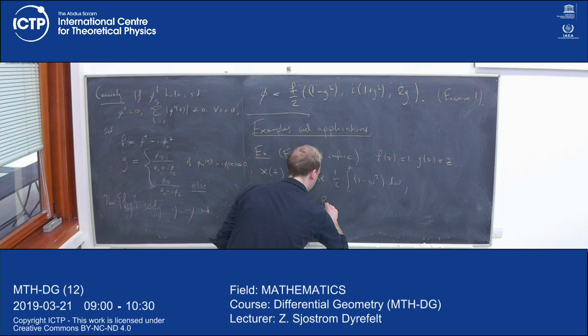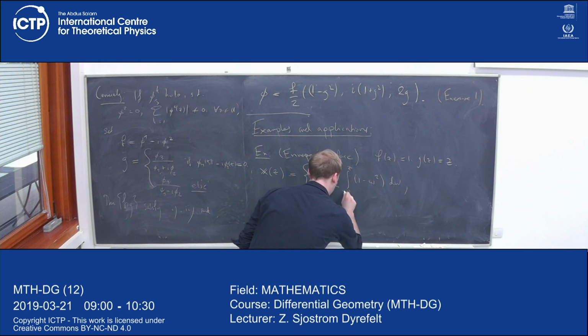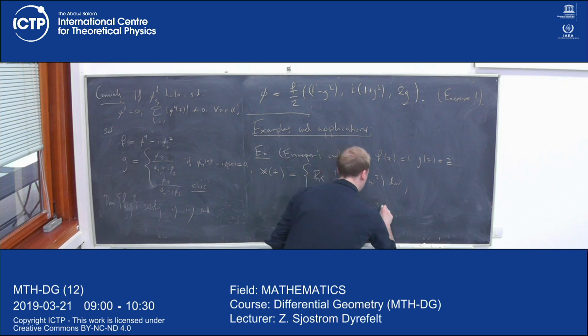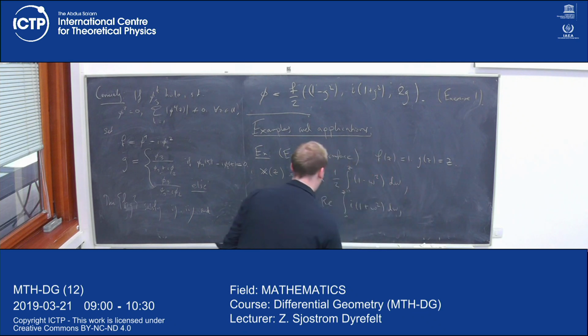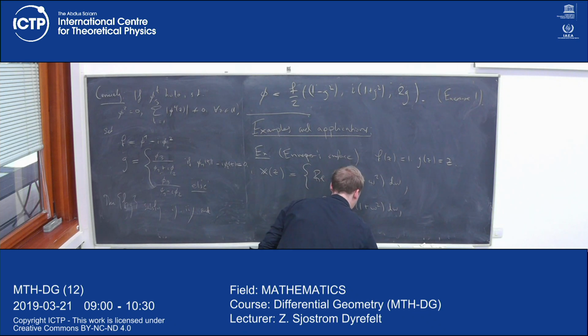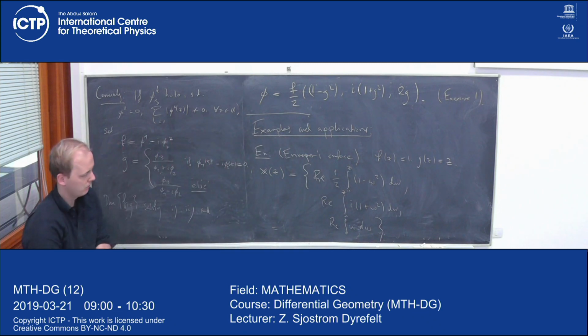The second coordinate is the real part of the integral from 0 to z of i times 1 plus w squared dw. And the last coordinate is the real part of the integral from 0 to z of f of w times g of w, which is just w, dw.